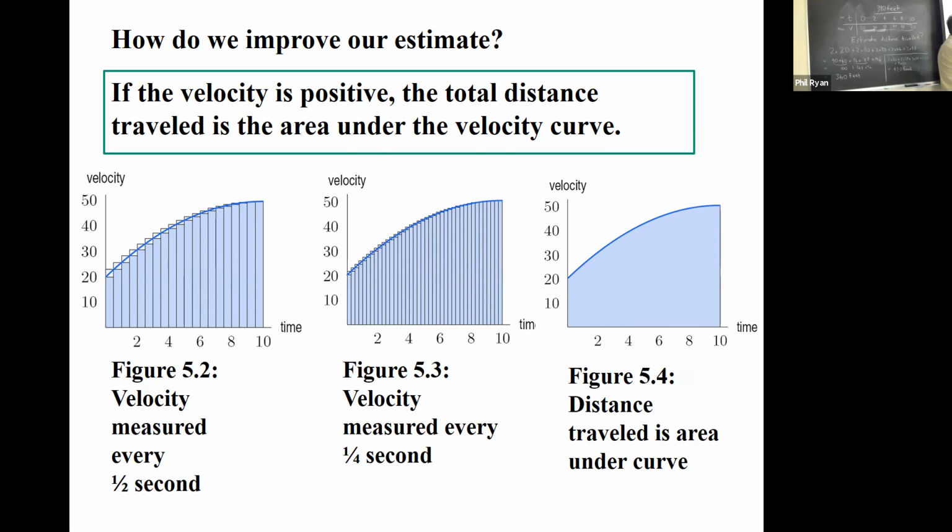Here, when we use smaller intervals, it's more accurate for a different reason. Because when we use smaller intervals, we can see that the errors, which are the difference between the rectangles and the area under the curve, become smaller and smaller.